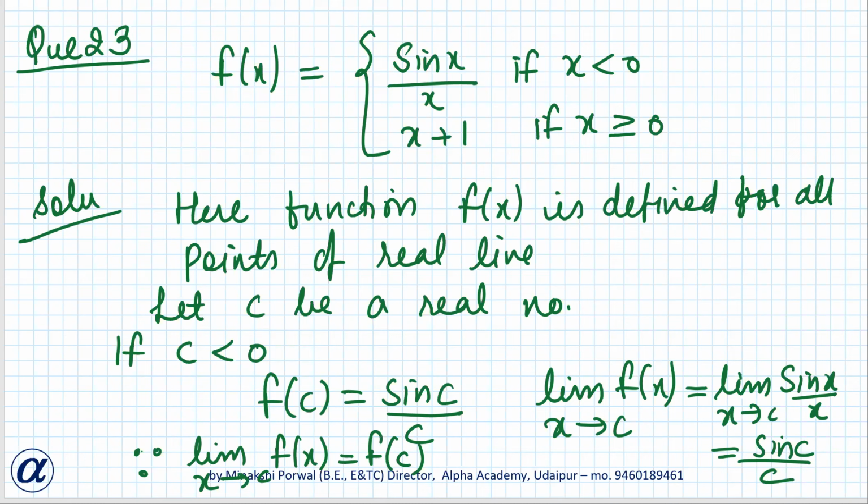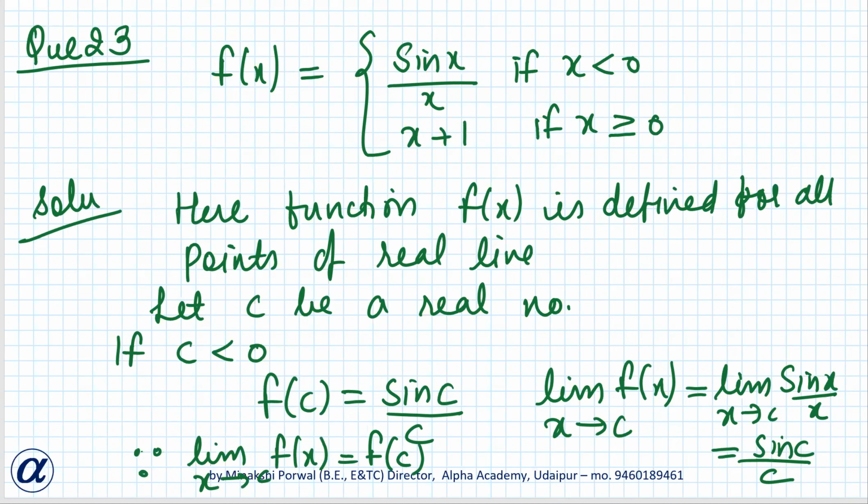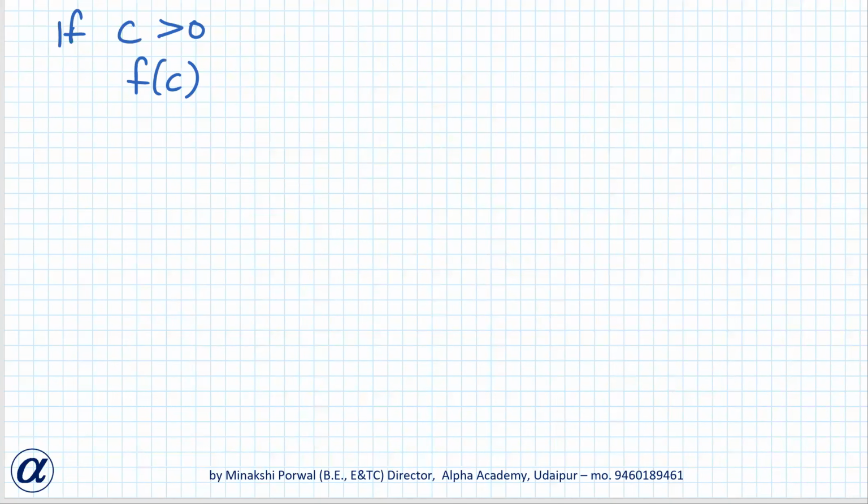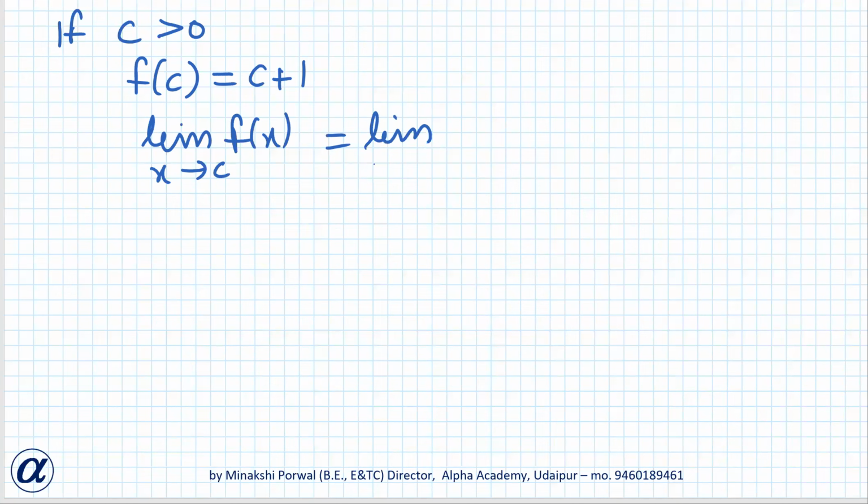Then C is greater than 0. For C greater than 0, the value of f(C) will be C plus 1, and it is a polynomial function, so it will be continuous. So f(C) equals C plus 1, and limit x tends to C f(x) equals limit x tends to C of x plus 1, that is equal to C plus 1.